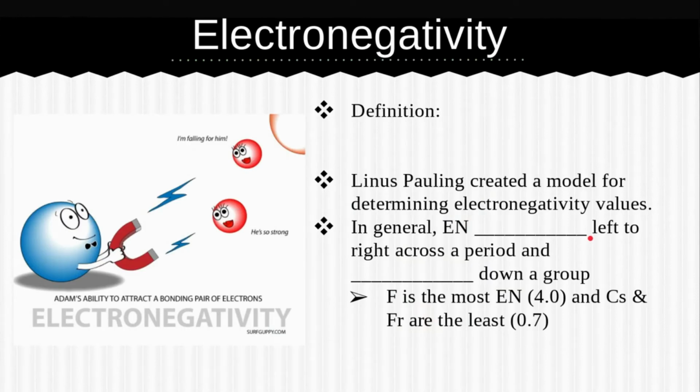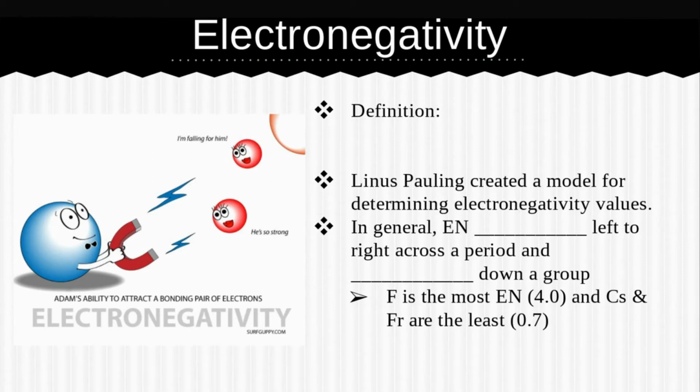So just to review, electronegativity is how strongly the atom will attract electrons within a bond. So it must be a bonded atom for us to look at electronegativity. We do have electronegativity values, and there's a chart in your book that gives you the electronegativity values for the elements on the periodic table.